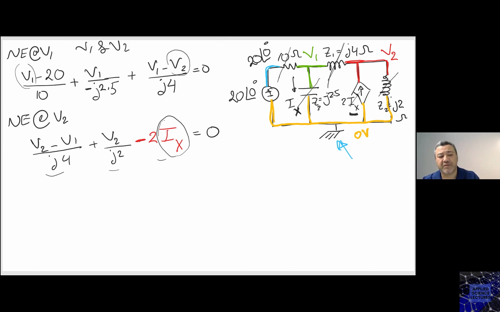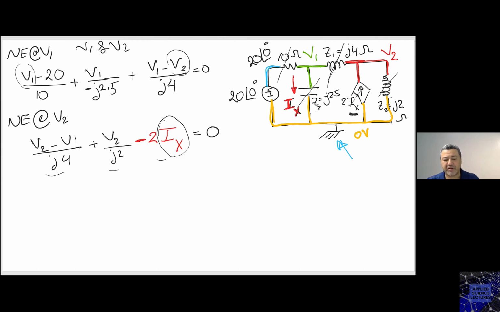Those are my standard variables that I would like to solve. So I will look into the circuit, and I can notice that this ix, that the dependent source is depending on, is indeed the current that is going in the capacitor.